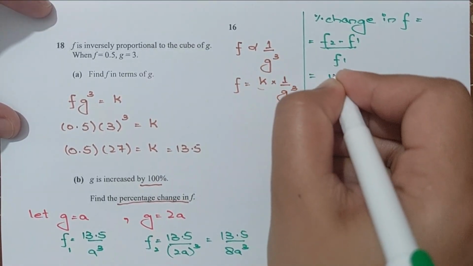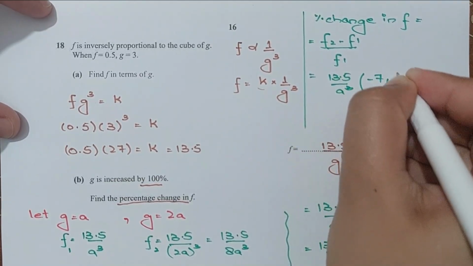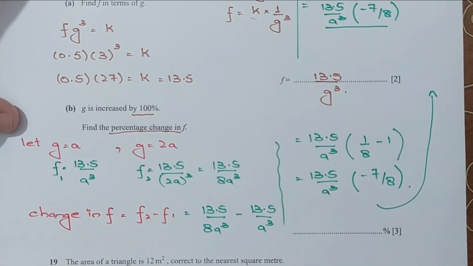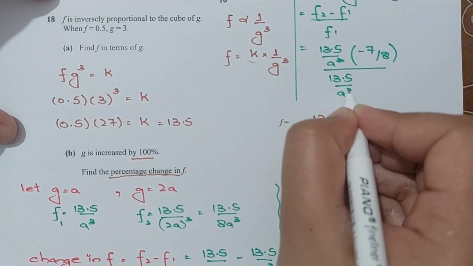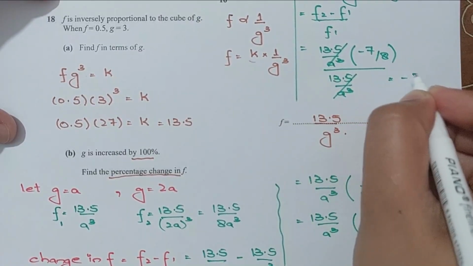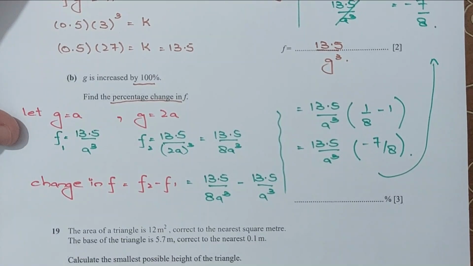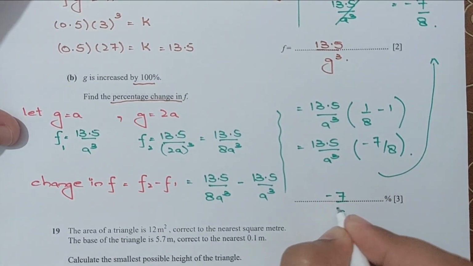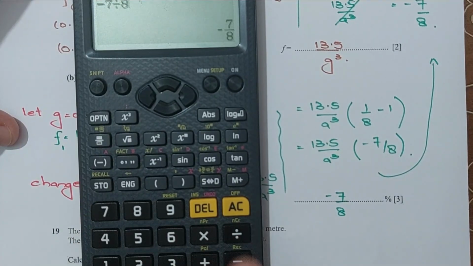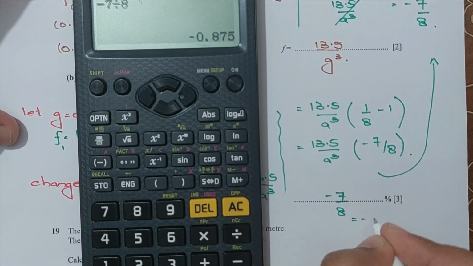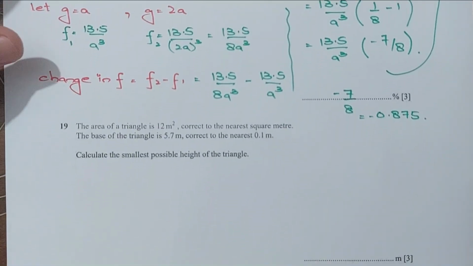This equals 13.5 over a cube into minus 7 over 8, and it is going to be divided by f1, which is 13.5 over a cube. So this quantity cancels with this quantity. So the percentage change in f is negative 7 over 8 percent. Negative 7 over 8 becomes negative 0.875. You can keep it as a fraction or as a decimal, both are okay.